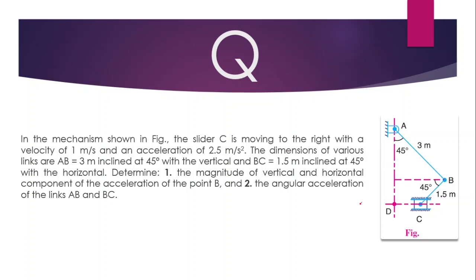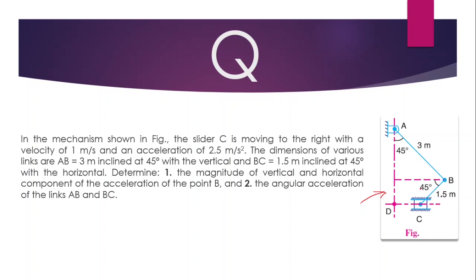Here this is the figure where link AB is inclined 45 degree with vertical and link BC is inclined 45 degree with horizontal direction. Here the points D and A are fixed points, and this point C is the slider, and that slider is moving with a velocity of 1 meter per second and an acceleration of 2.5 meter per second square towards right in the horizontal direction.